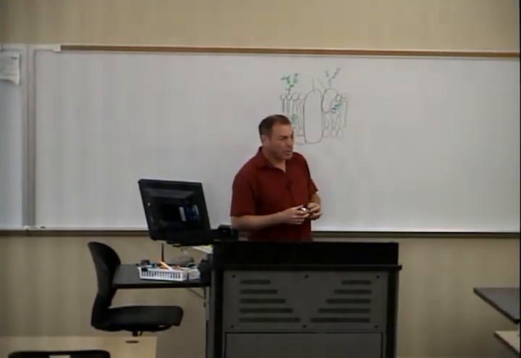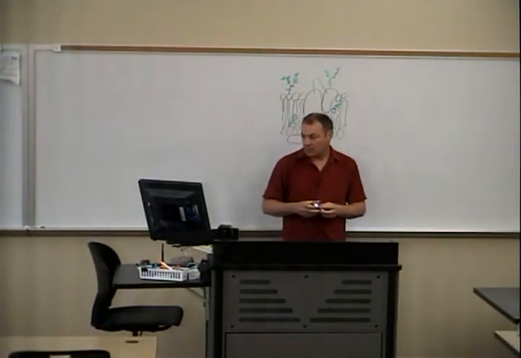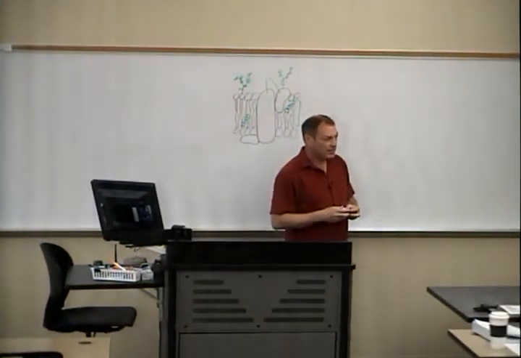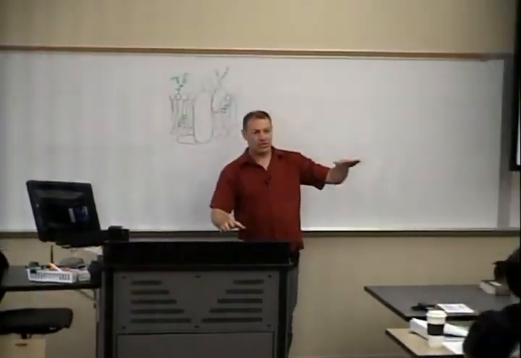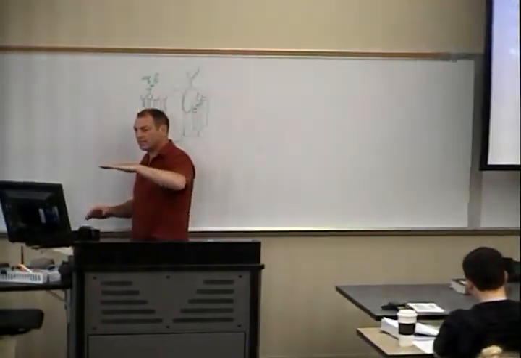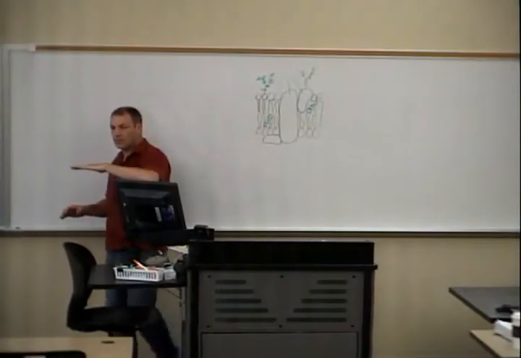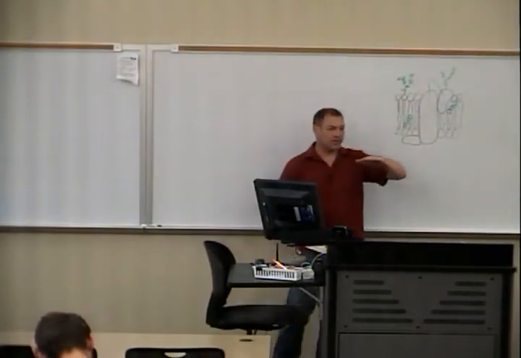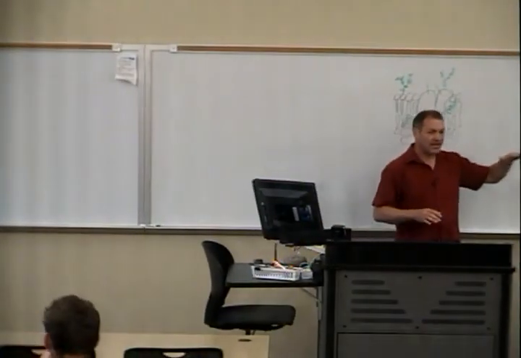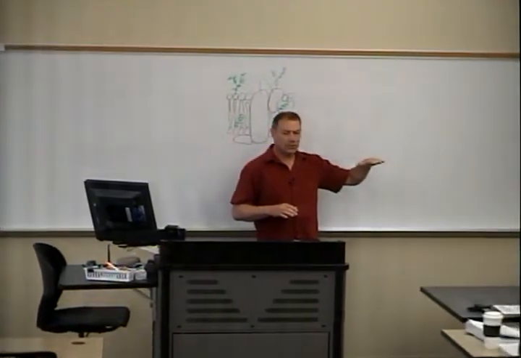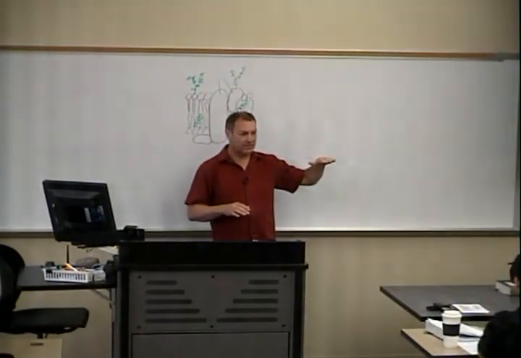Now, the proteins and most of the lipids, they can drift laterally. So not all the proteins can move and drift, but many of them can. And the proteins move a lot less quickly than the phospholipids.